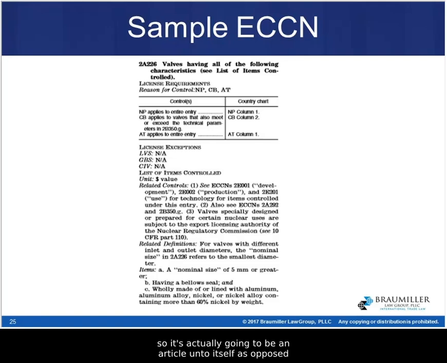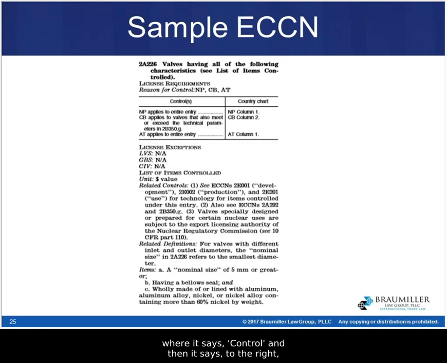So it's actually going to be an article unto itself, as opposed to software or technology or some machine that is used to make other products. So the 2A, and then the third character is 2, and that is the reason for control, and that's under nuclear non-proliferation reasons.